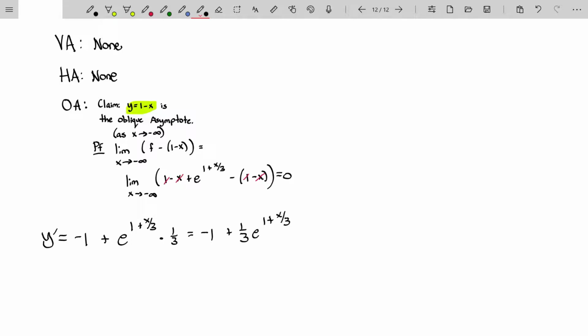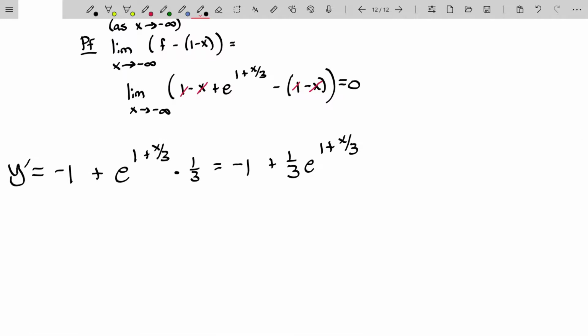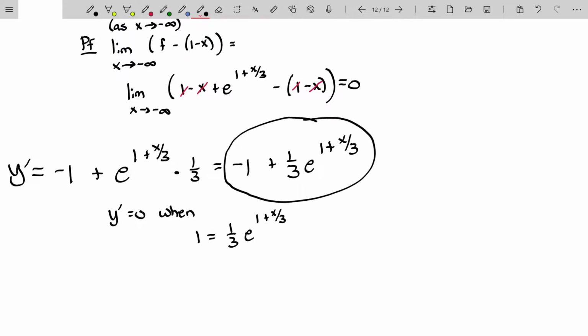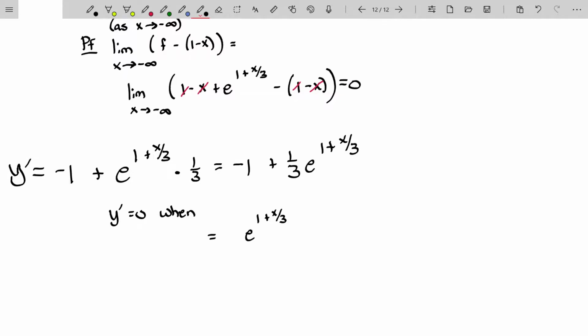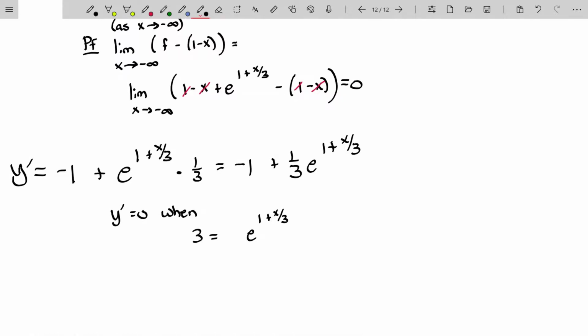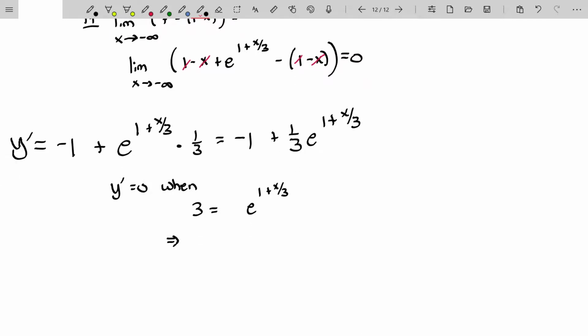We want to know when that doesn't exist or when it's 0. It's an exponential function. It always exists. But y prime is 0 when 1 is equal to 1/3 e to the 1 plus x over 3. All I did was set this equal to 0 and started solving automatically. Multiply both sides by 3, you get to that. Take the natural log of both sides. You get the natural log of 3 is equal to 1 plus x over 3.